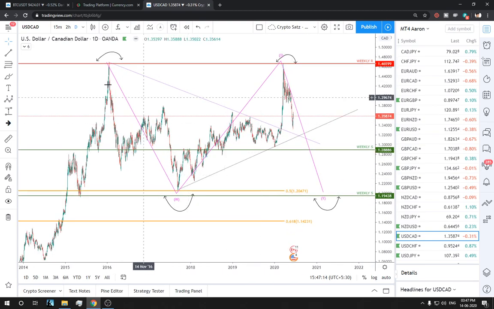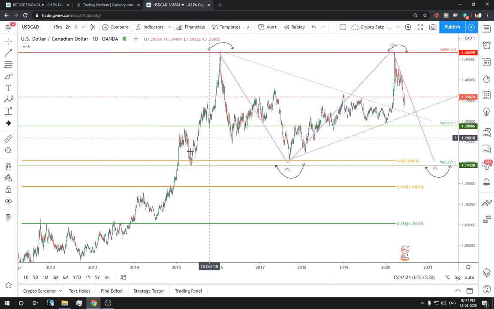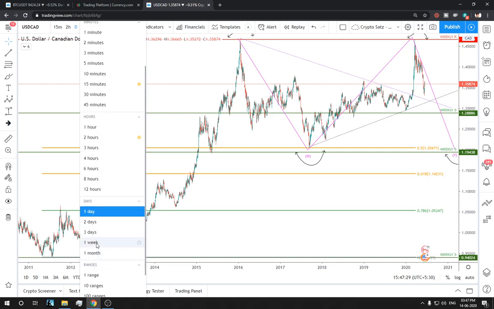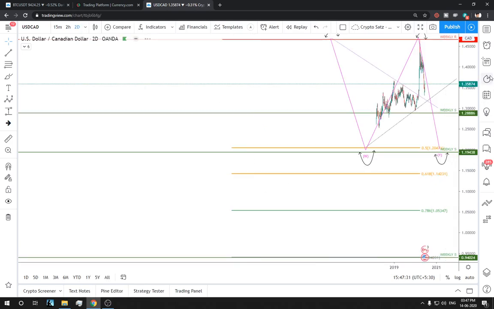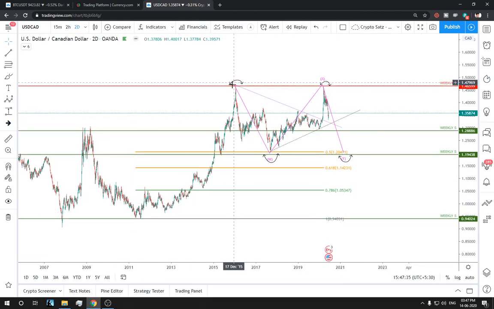So on this we have a double top, also possibilities for a double bottom, and this is looking impulsive, which is here. And so this is the start of an uptrend. So I'll just show you on 2 days. As you can see, this was a nice impulsive wave on USDCAD.